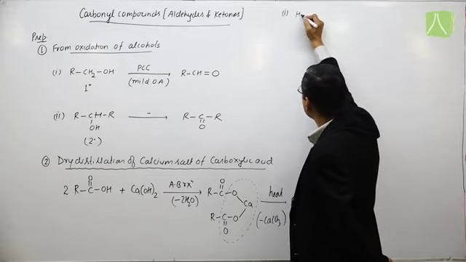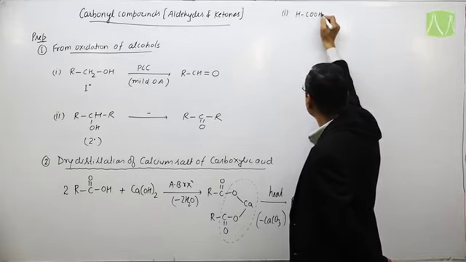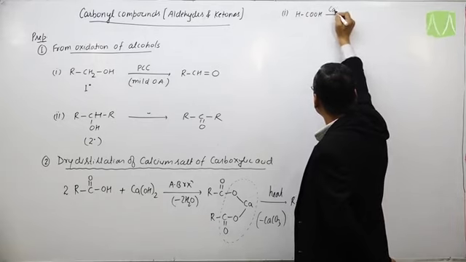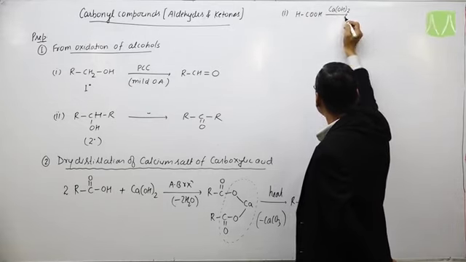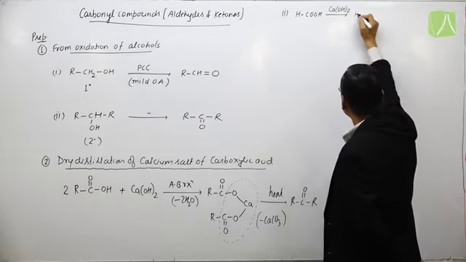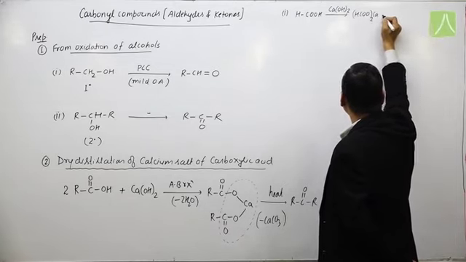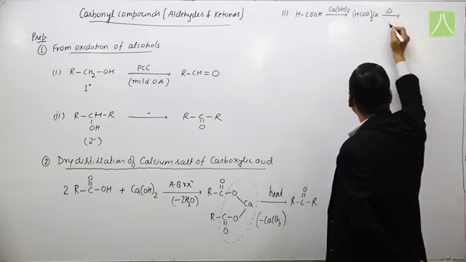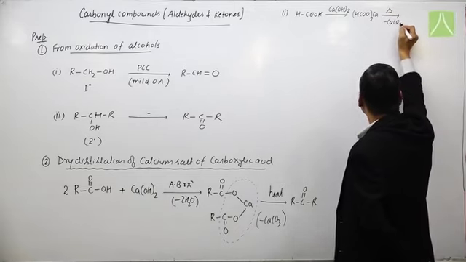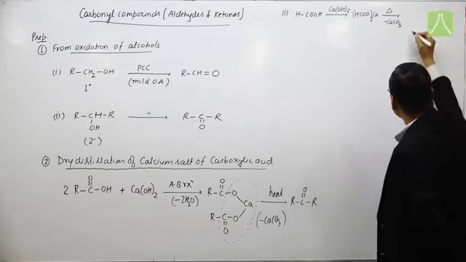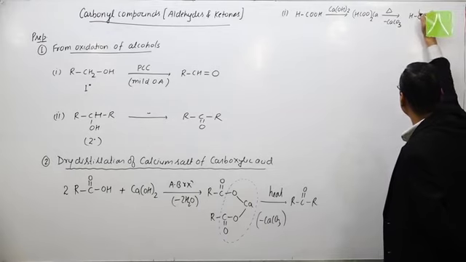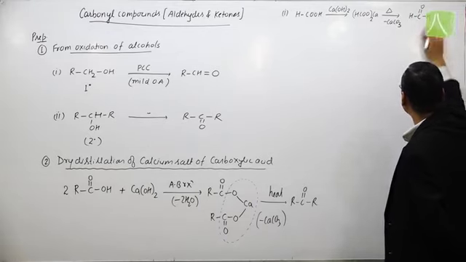Suppose I take formic acid. On reaction with calcium hydroxide, the salt of formic acid is obtained. On heating, after removal of calcium carbonate, formaldehyde is the final product.